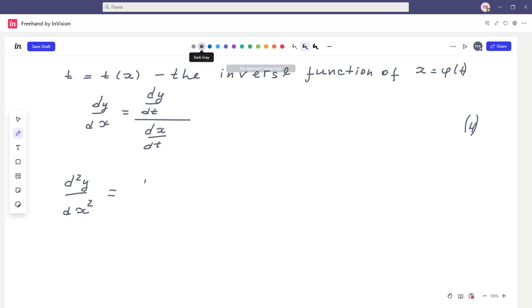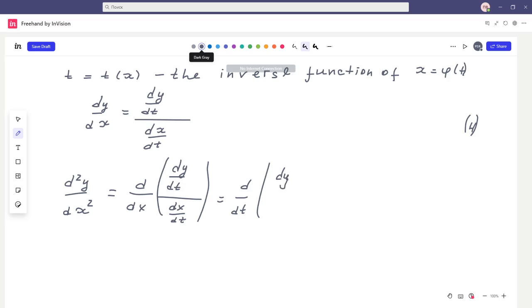It means d over dx of dy over dt over dx over dt, or d over dt of dy over dt over dx over dt times dt over dx. 5.